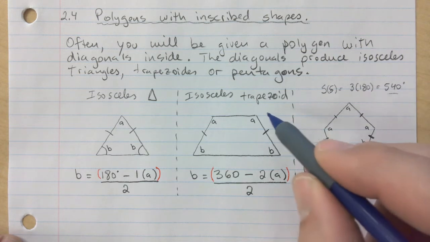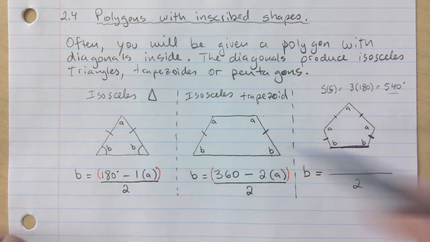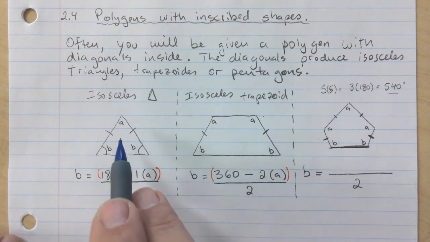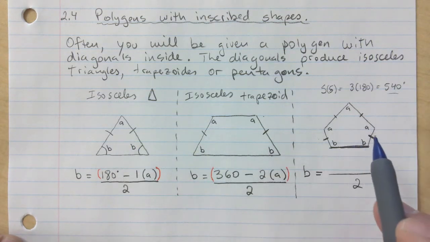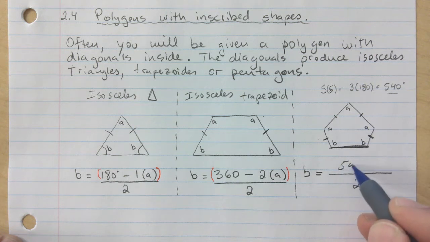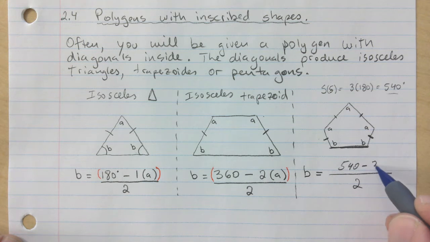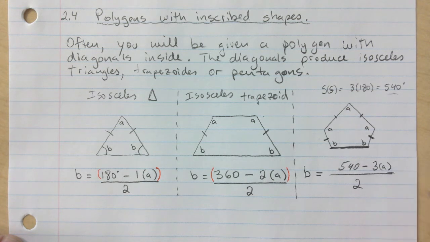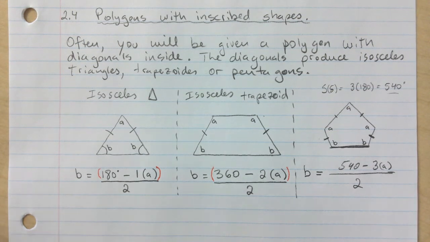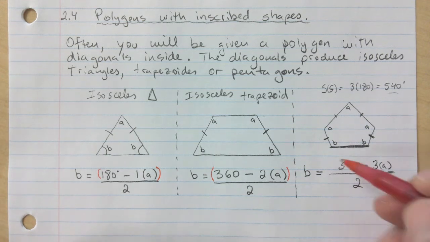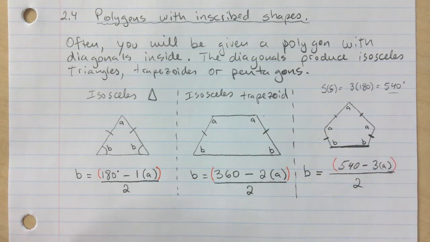That's basically what I did with all of them, except we already know that if it's 4 or 3-sided, it's 180, it's 360. It'll be 540 minus 3 A's that are up here. And I'm going to put the brackets around that.